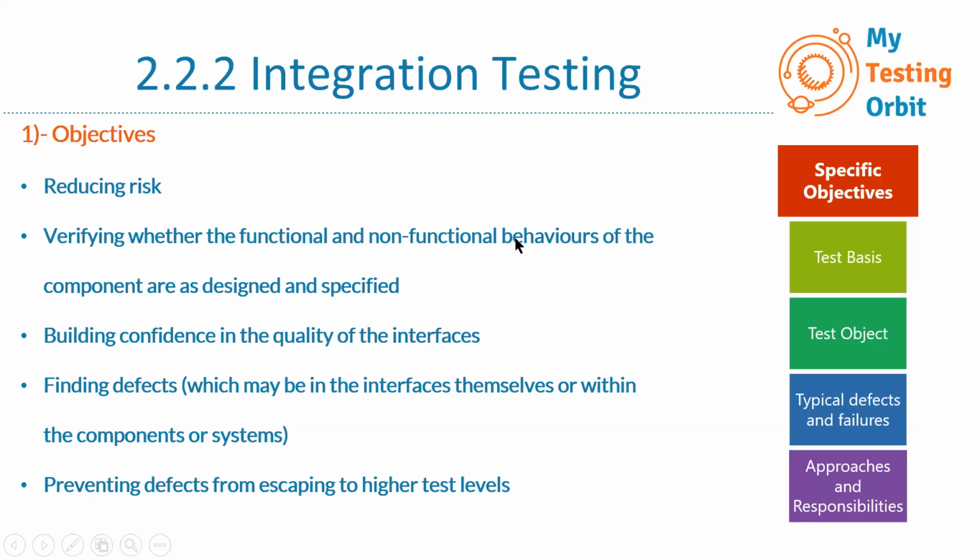It should be behavior of interfaces. I will fix it later, and when I send you the slides, it will be fixed. But over here, yes, it should be interfaces, not components. So in component testing, it's the component's behavior which we test, but over here, we test the interfaces. So however the interfaces are designed, we test the functional and the non-functional aspects of that.